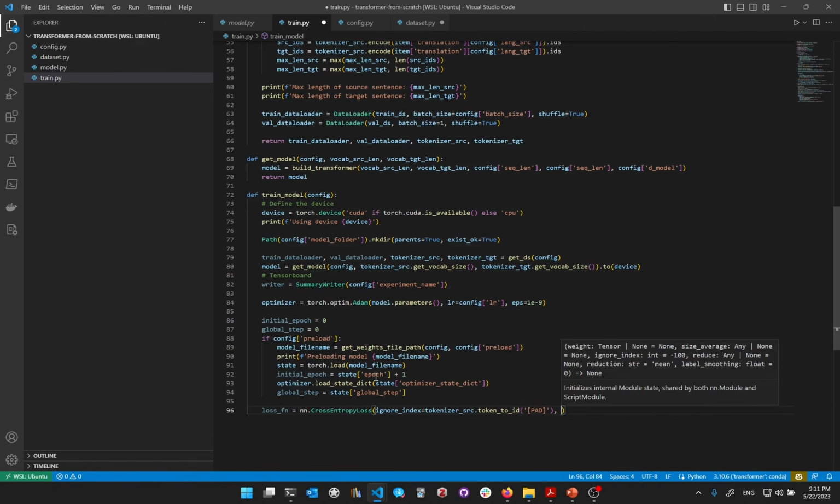Label smoothing basically makes our model less confident about its decision. Imagine our model is telling us to choose the word number 3 with a very high probability. What we do with label smoothing is take a little percentage of that probability and distribute it to the other tokens so that our model becomes less sure of its choices. So kind of less overfit, and this actually improves the accuracy of the model.